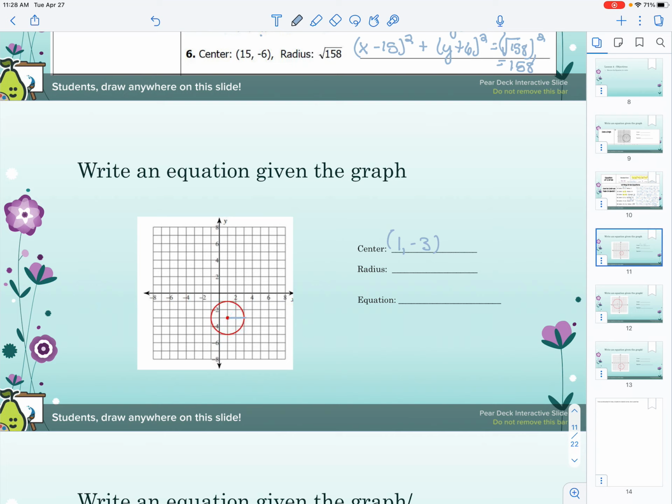The radius is the length from the center to the circle. So in this case, that radius is 2. So therefore, my equation is going to be x minus 1 squared plus y plus 3 squared is equal to 4.